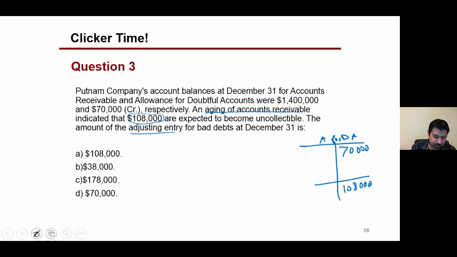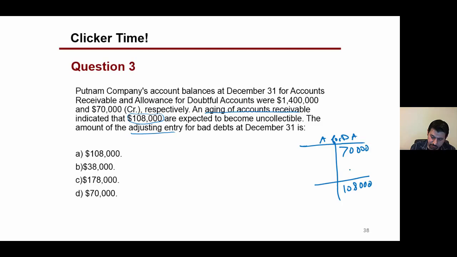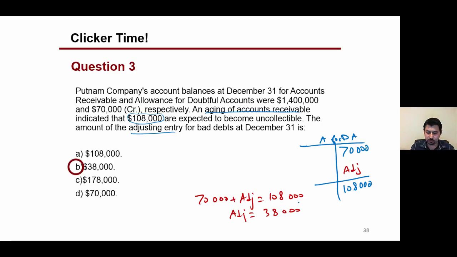The adjustment here in this case will simply be 70,000 plus adjustment equals the ending balance. So the adjustment will be equal to 38,000. So the answer would be B.